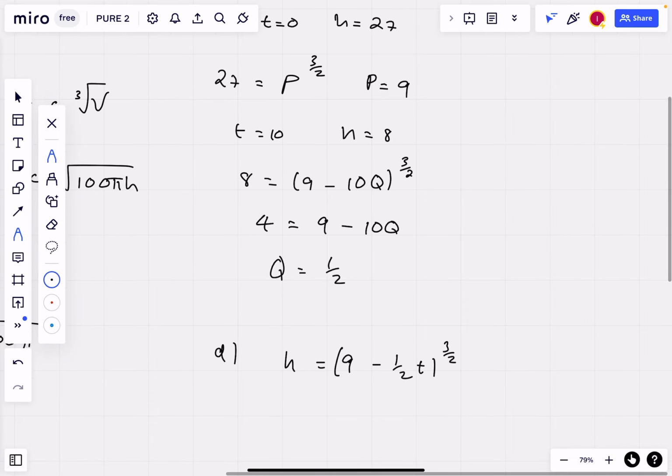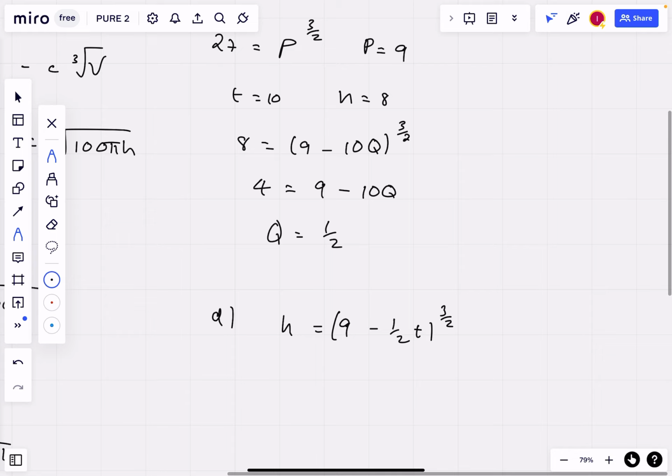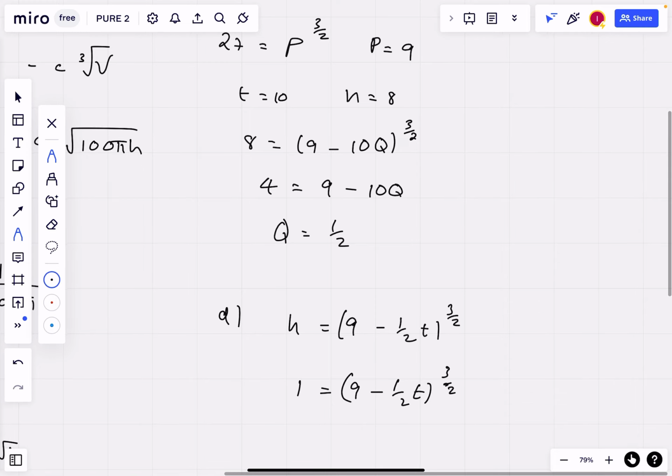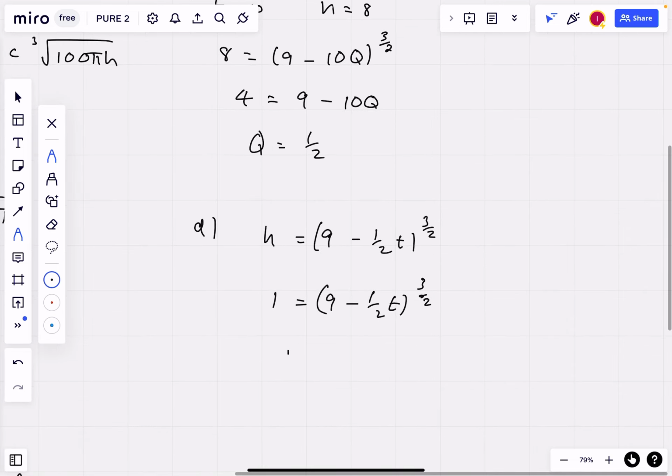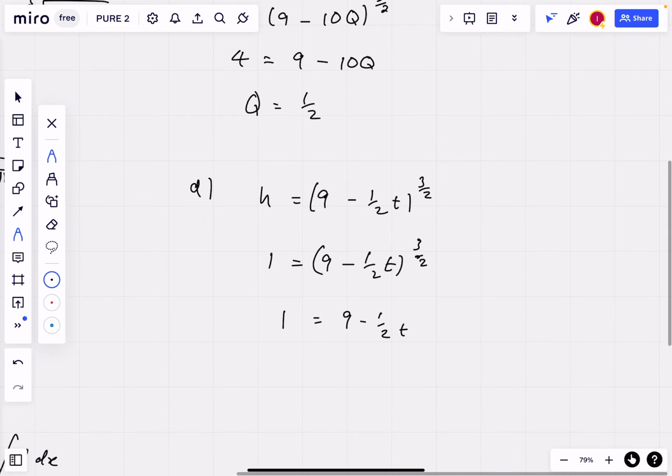And they said the depth is 1, which is H. Now we have to rearrange for T. By doing 1 to the power of 2 over 3, we still get 1. And rearranging that would give 16 minutes. Done.